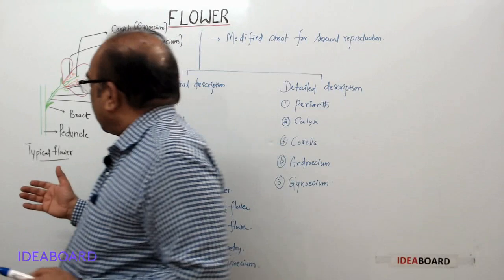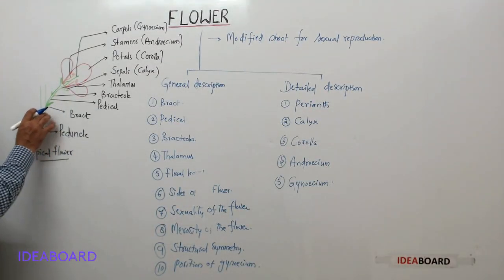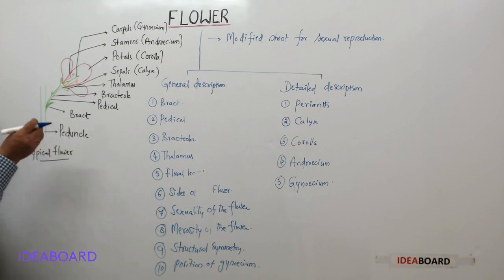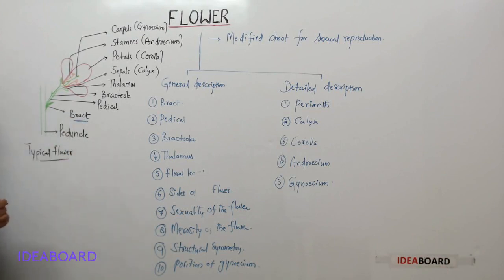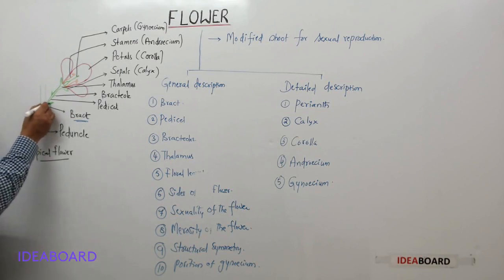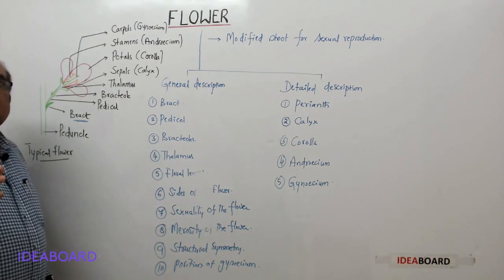On the peduncle, you can see that it bears some modified leaves which are called bracts. So this is a bract, and this bract possesses one bud in its axil, as it is a modified leaf, and that axillary bud of the bract will become a flower.